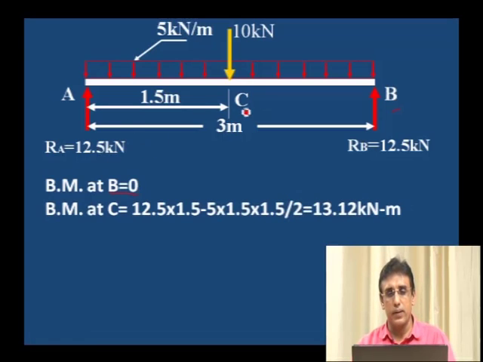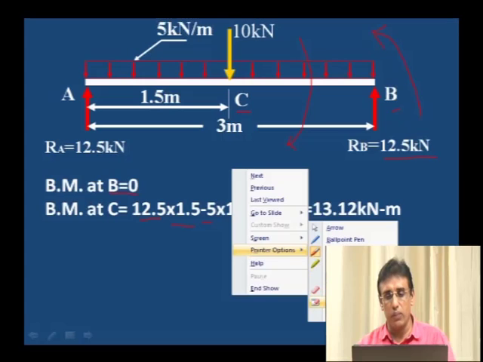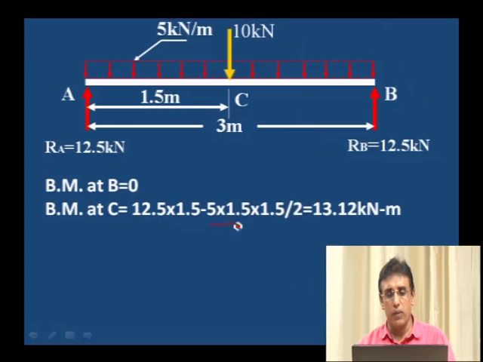Bending moment at C, the center point: 12.5 is the reaction at the right side, into 1.5, the distance from C to B, the moment being anti-clockwise, minus the moment due to load, which is clockwise and that is why it is negative, 5 kilonewton per meter into the distance 1.5, the right half of the portion, 5 into 1.5 into, as this uniformly distributed load acts at the center of 1.5, that is 1.5 divided by 2.